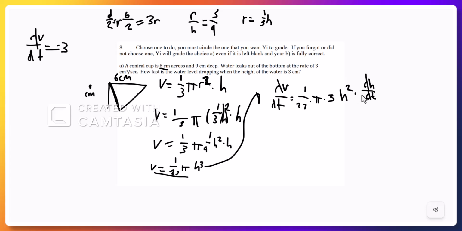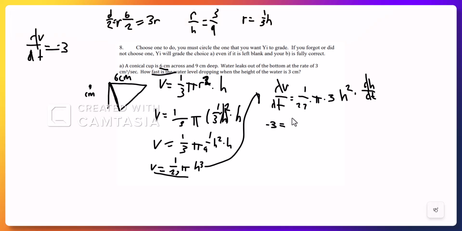People forget to do the dh over dt. Remember what we're always looking for: the change in the water level, so that's going to be our change in height. We know the value for dV over dt; it's given in the question.